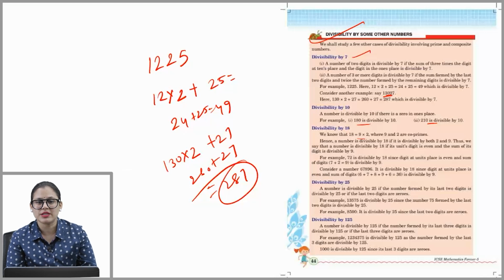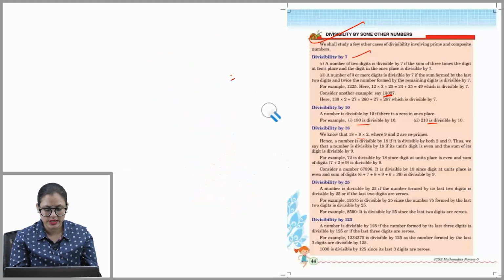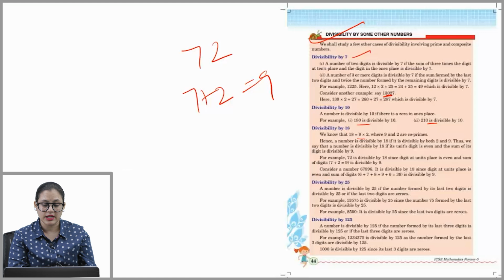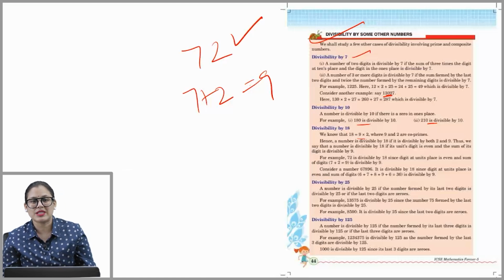That is, a number is divisible by 18 if its units digit is even and the sum of its digits is divisible by 9. For example, 72. 72 is an even number, so it is divisible by 2. 7 plus 2 is what? 9. 9 is divisible by 9, that means 72 is also divisible by 9. That means 72 is divisible by 18 also.